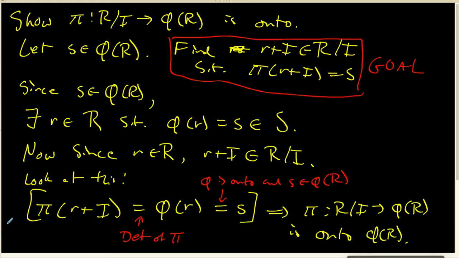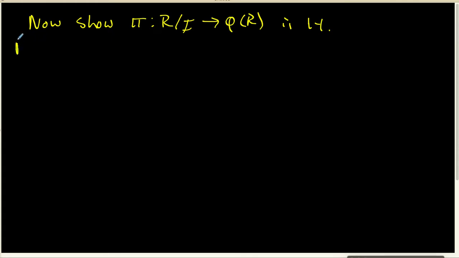Well, okay, what about 1 to 1? So we're now going to show that pi going from R mod I into phi of R is 1 to 1. Now I want to recall an important thing about ring homomorphisms.